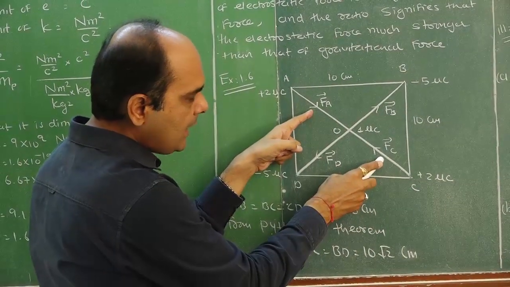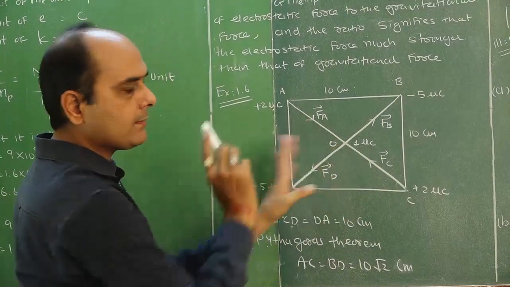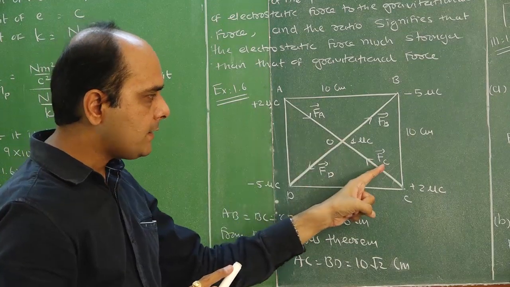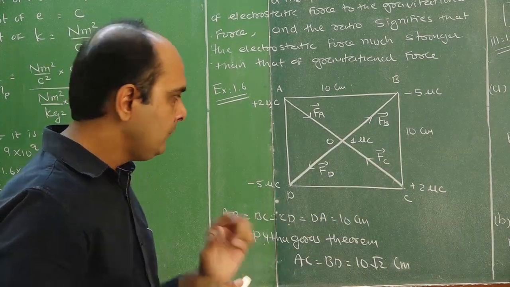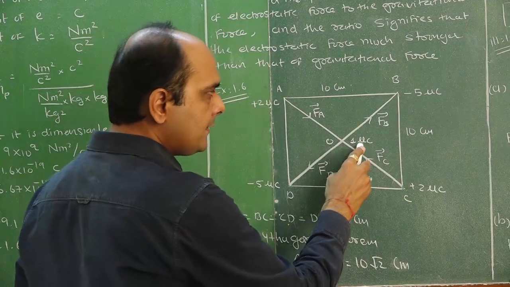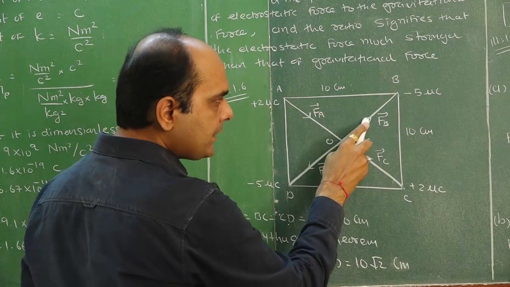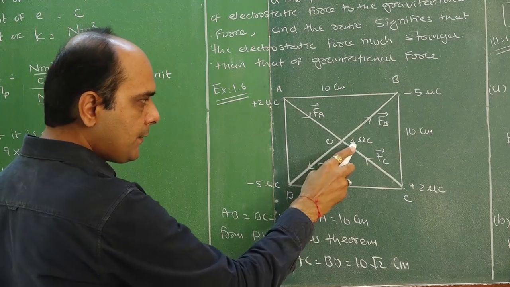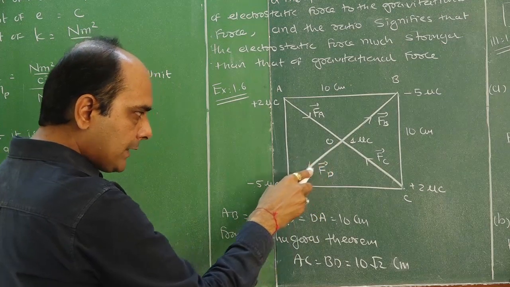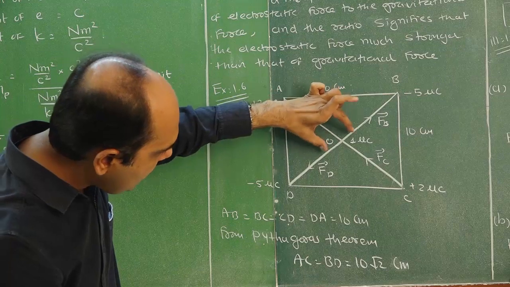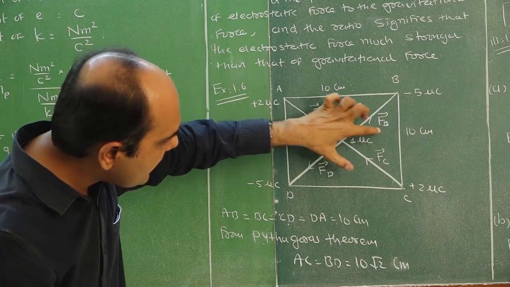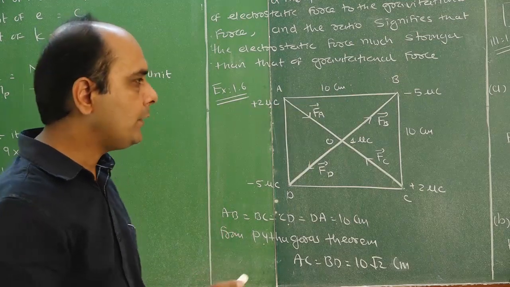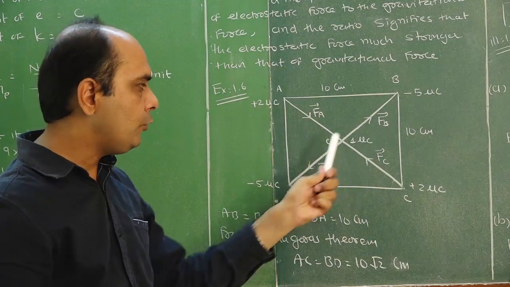Fa and Fc are equal in magnitude but opposite in direction, so vector Fa is equal to minus vector Fc. Now this is a minus charge and the center is a plus charge, so there is an attractive force Fb. Again a minus charge, plus charge, attractive force Fd. Fb and Fd are equal in magnitude but opposite in direction, so vector Fb is equal to minus vector Fd.